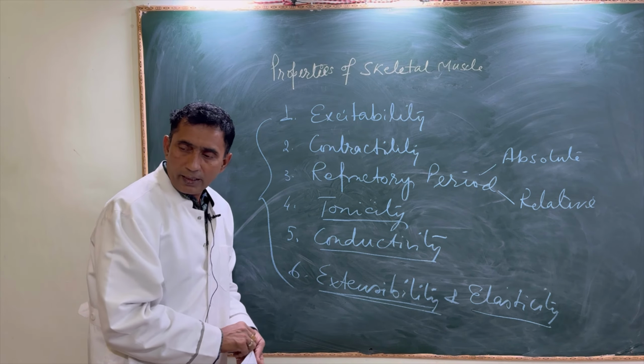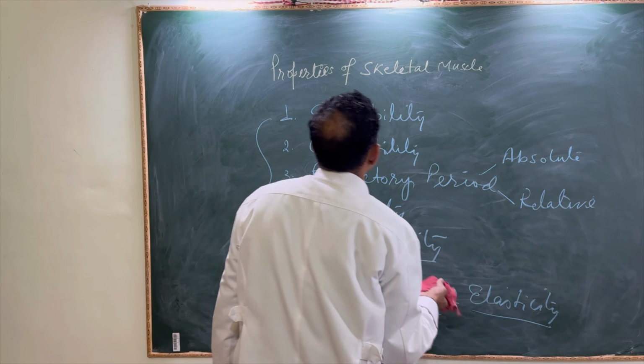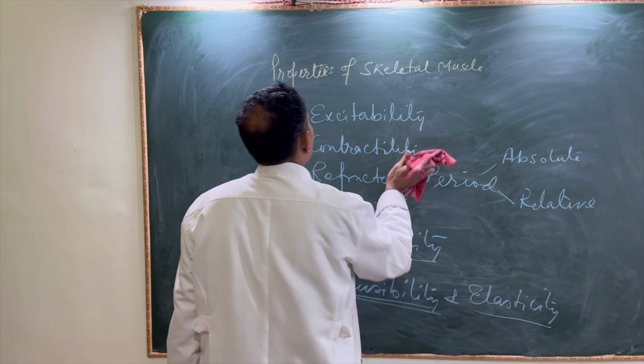If we again talk in detail about excitability, contractility, refractory period, we can see all these properties while sitting in the lab. We can study all these properties in the lab. How? What type of experimental design must we have?